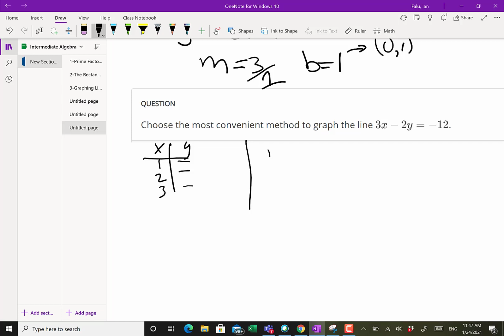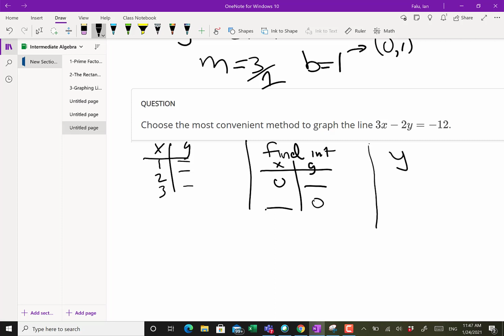You can find intercepts, which is x and y, finding 2 points: you set one variable to 0 and find the other value, and the other intercept is 0 for the other variable, and that will give you 2 points. Or you can do y is equal to mx plus b, right? So 3 different ways of achieving the same result.